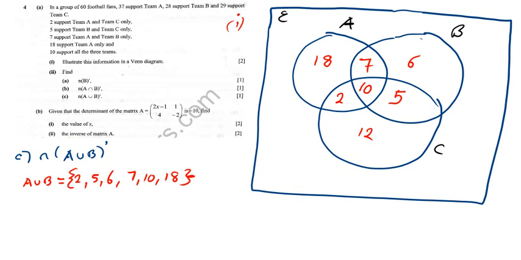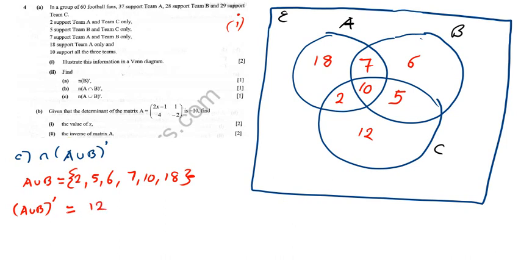So now finding A union B complement. Having a complement means that whatever is in A union B, we exclude or omit them. So we are removing 2, 5, 6, 7, 10, 18. Now we write what is remaining. From our set, omitting those values, we remain with a 12.